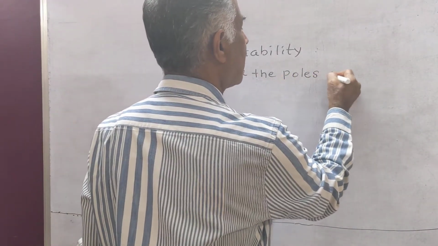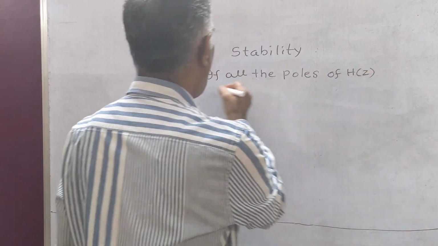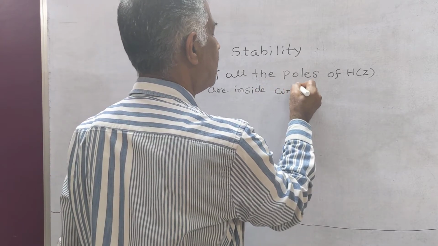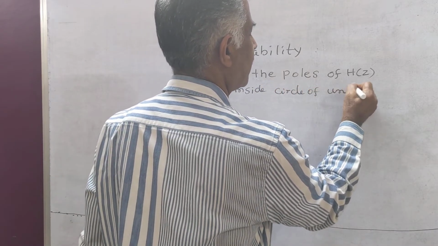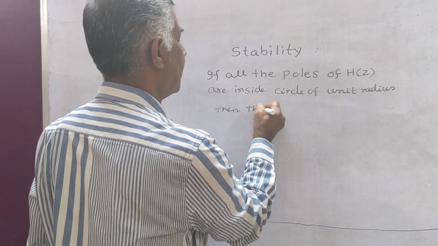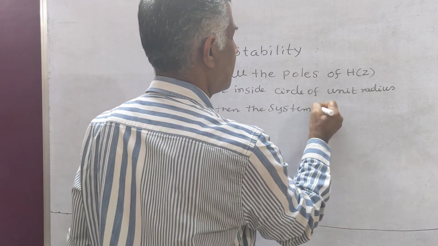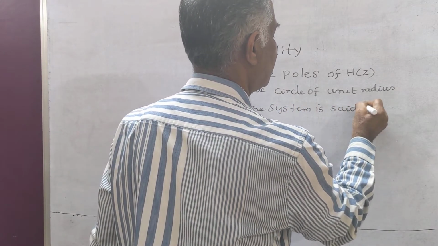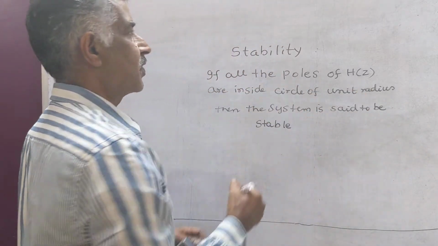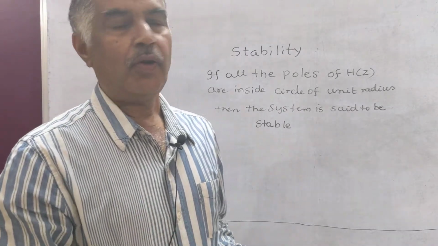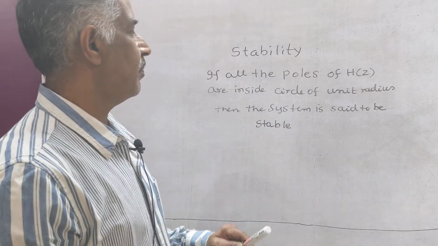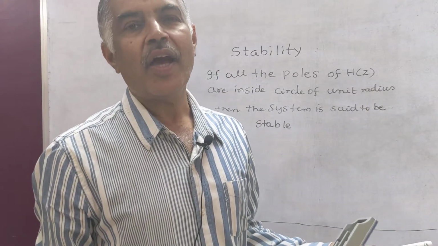If all the poles of H(z) are inside the circle of unit radius, then the system is said to be stable. Now look into the poles. If all the poles lie inside the circle of unit radius, then the system is said to be stable. Otherwise, it is said to be unstable.